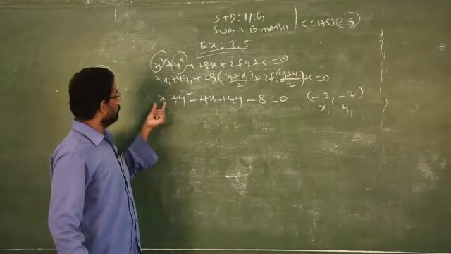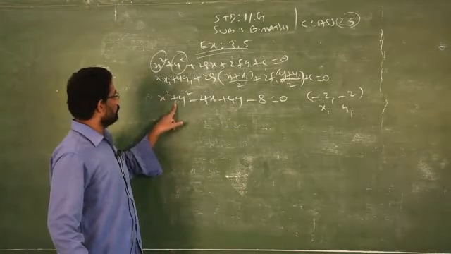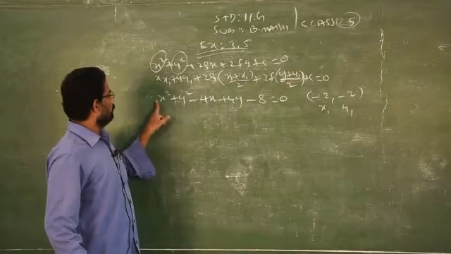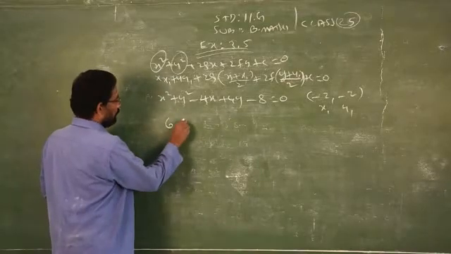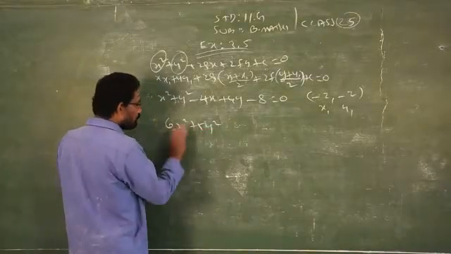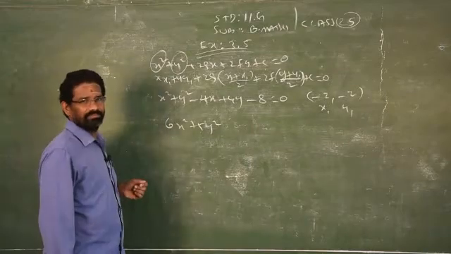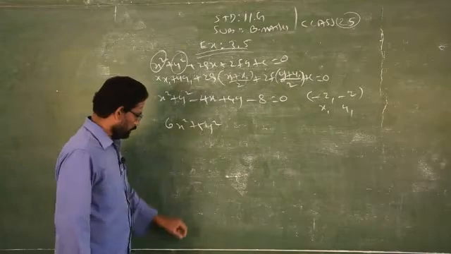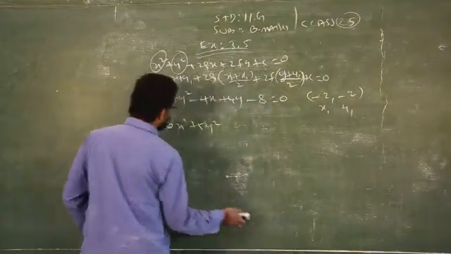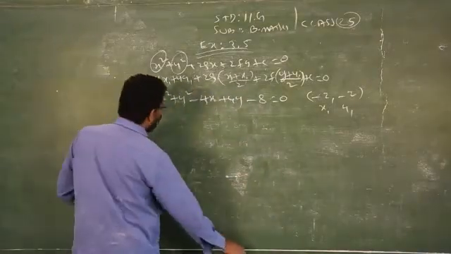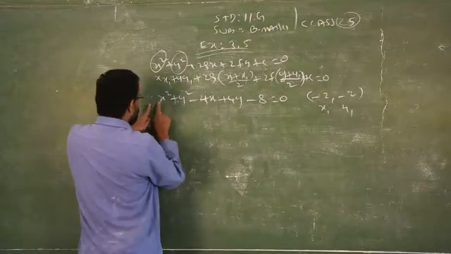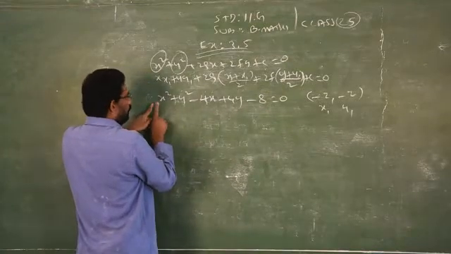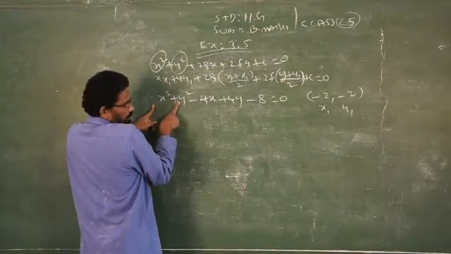But provided the coefficient of x square and y square should be same. If it is 6x square plus 5y square, so this is not a circle. Both the coefficients should be same. If it is so, then you have to divide all the terms by the coefficient of x square, which is same as the coefficient of y square.